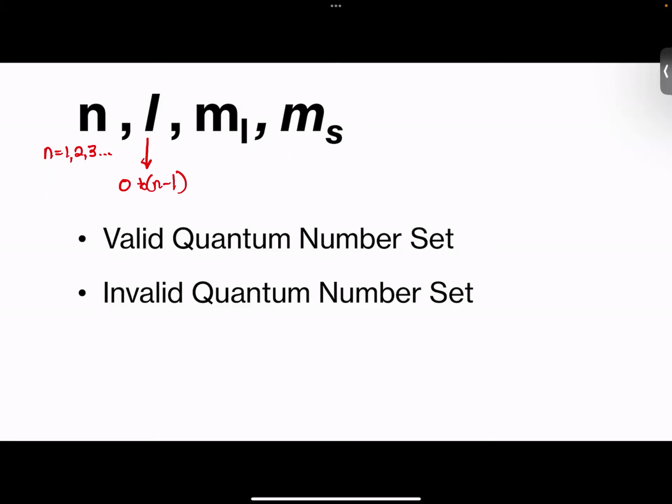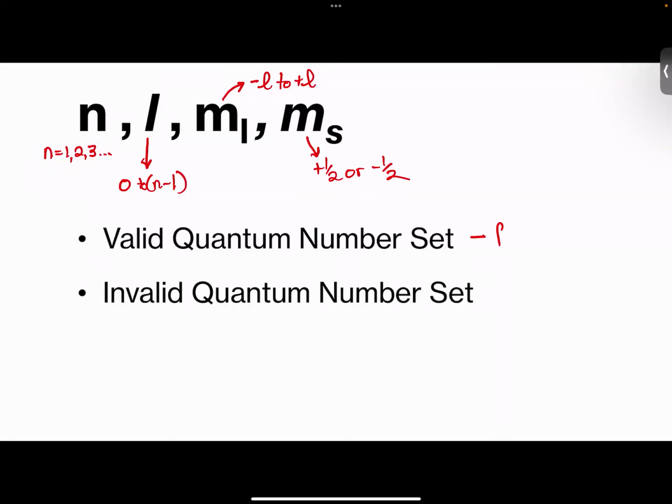M sub L has to be anything from a negative L to a plus L. In other words, it's based off of the L value. Notice each one is based off of the value preceding it. And then M sub S only has two options. It has to be a plus 1/2 or minus 1/2.